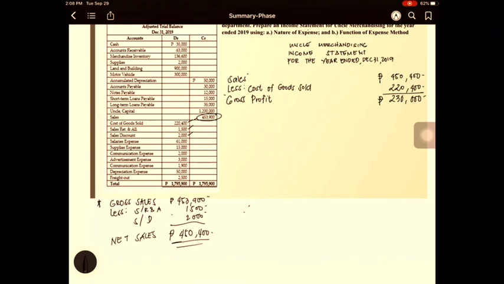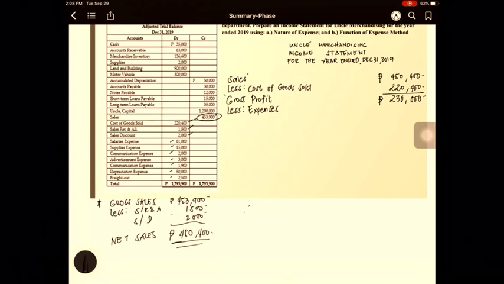Since this is a nature of expense, all we have to do is to deduct the expenses by itemizing them. So we just have to itemize the very same expenses that are reflected in our books here. So how do we do that?